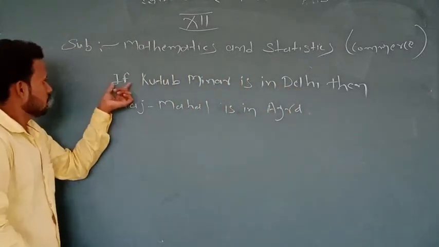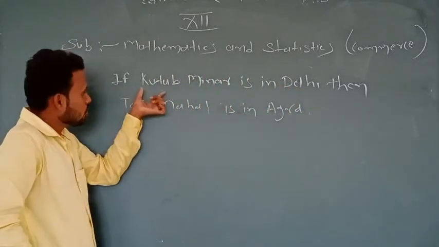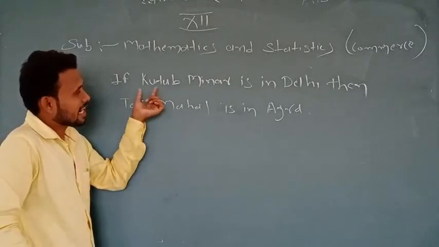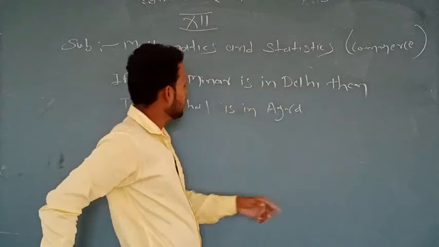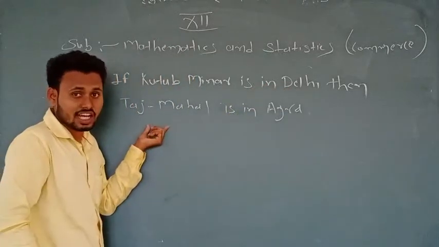Write the negation of the following statement. The statement is: If Qutub Minar is in Delhi, then Taj Mahal is in Agra.